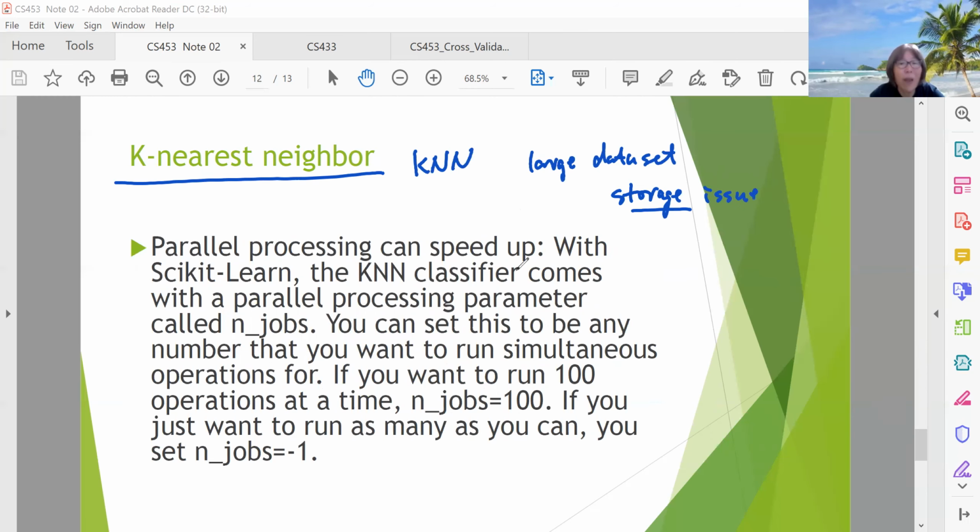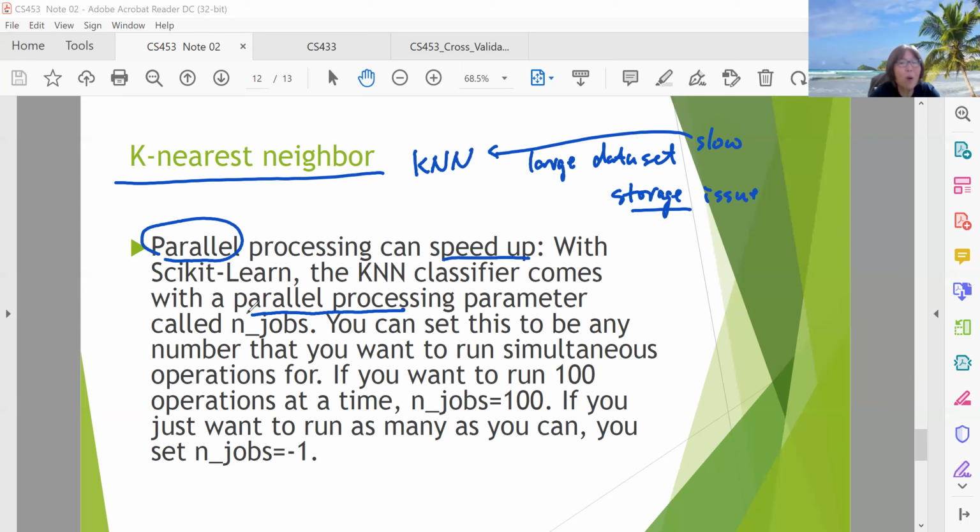One way to help is parallel processing, which can speed things up, because on the other hand it can also be slow with a larger data set, since you need to go one by one.